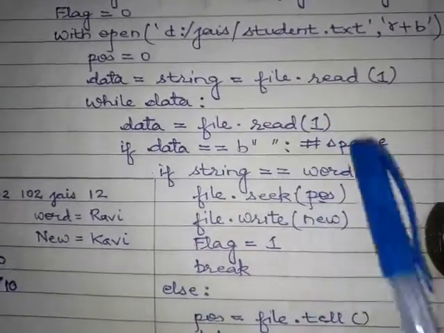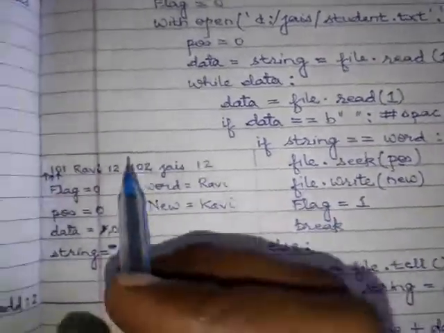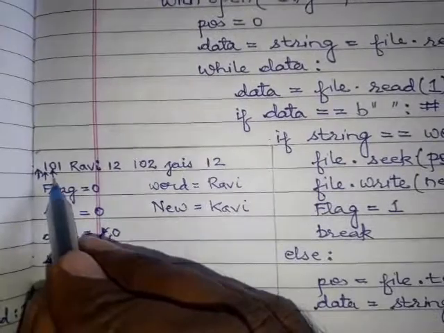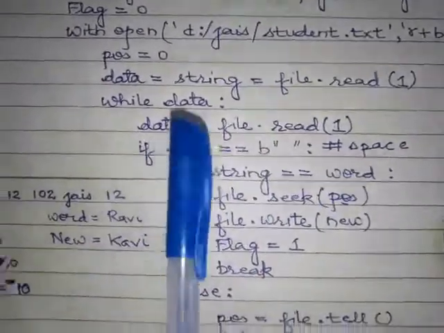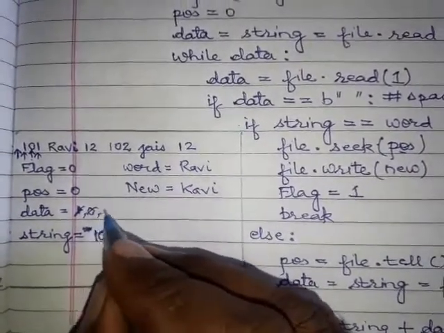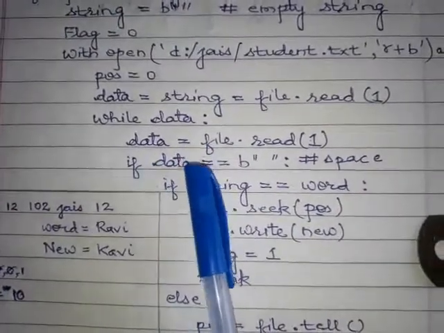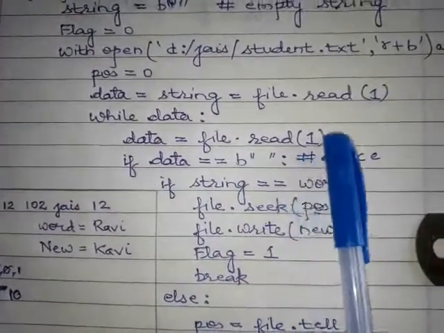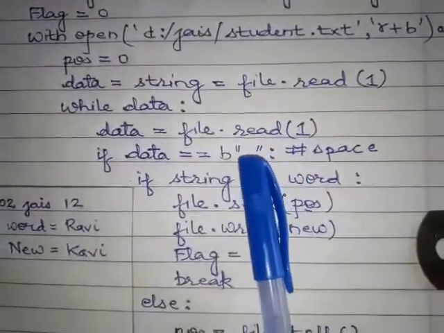Read 1 means read the next single byte, wherever the file pointer is. The file pointer is here, so read the next single byte, which is 1, and read 1 into data. So this 0 is replaced by 1. Again we check if data equals empty space. No, data contains 1, it doesn't contain space.